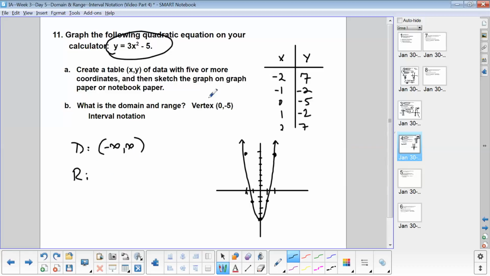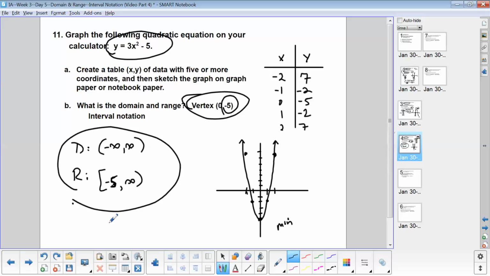The range is going to be specific. It's coming from this -5 because it has a minimum value. And in the interval notation, the number that comes on the left first is your smallest value. So that would be -5, comma, +infinity. And there's your domain and your range.